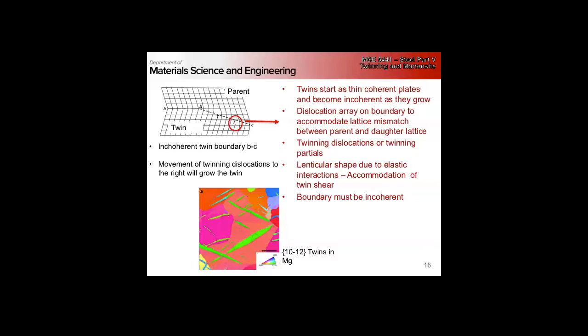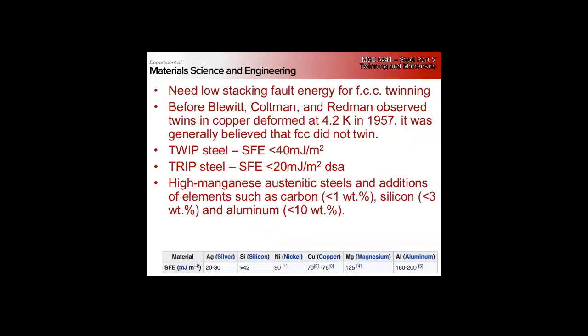So it has to either be a dislocation structure like this, or we need steps, ledges, where we have a little bit of coherent region and incoherent region, much like we saw in ferrite.